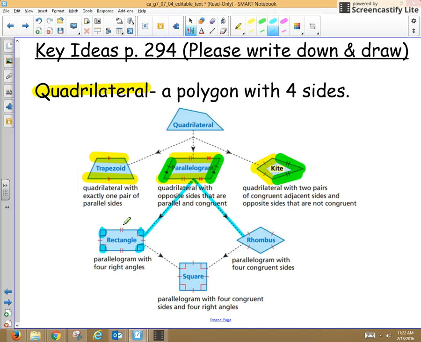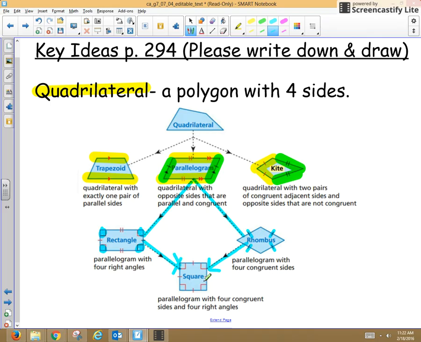And notice how it also has opposite sides that are congruent and opposite sides that are parallel. A rhombus is a parallelogram, and all four sides are the same measure. They're all congruent. Now, if you combine a rectangle and a rhombus, it will lead you to a square.